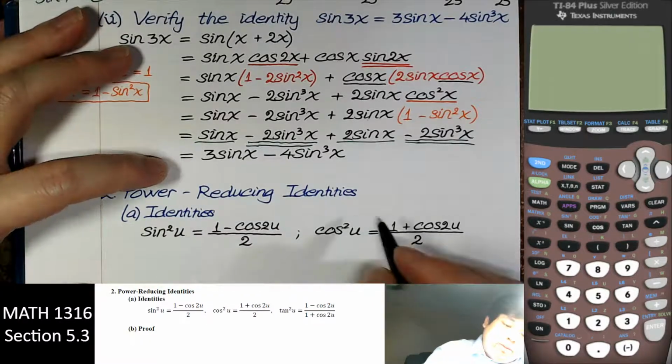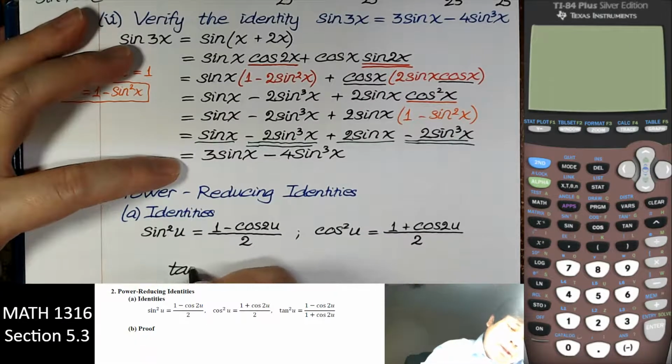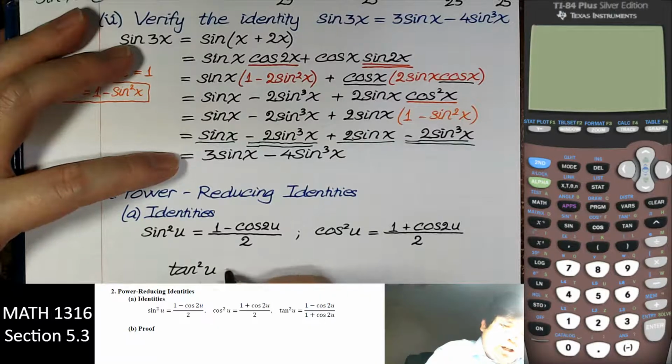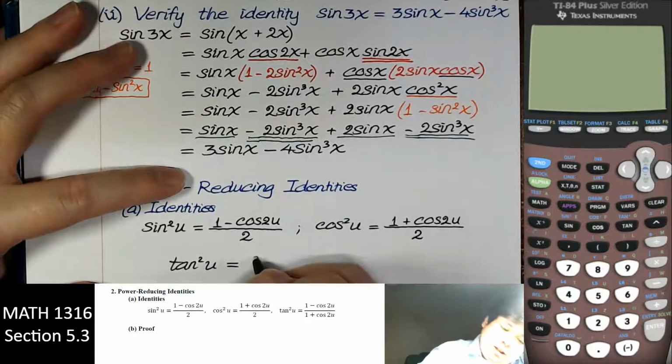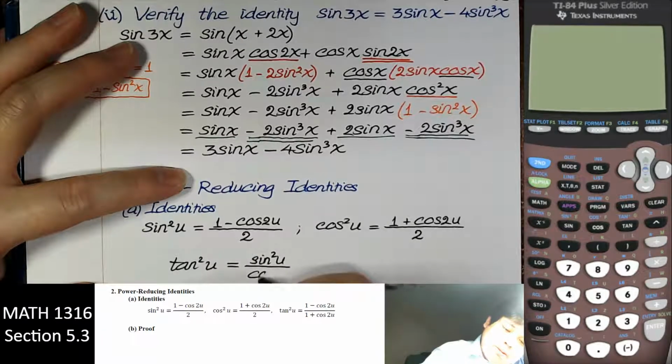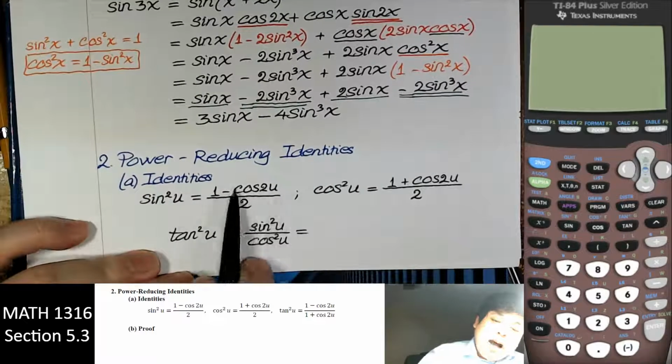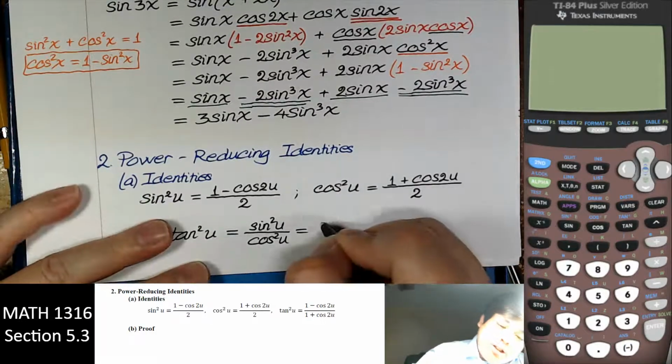And if we divide them, sine over cosine, which is that over that, the two cancel out.